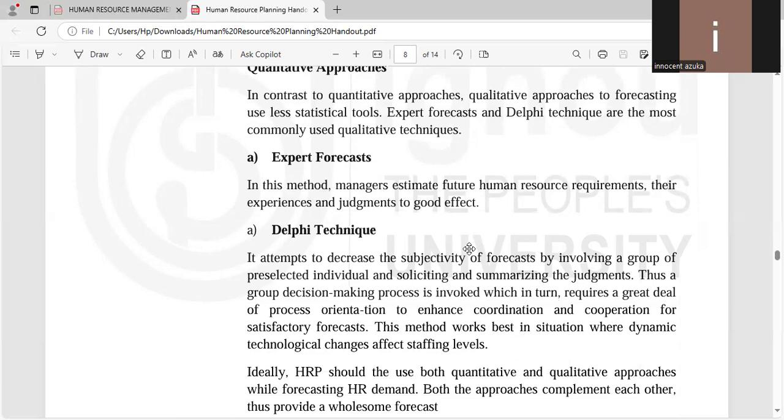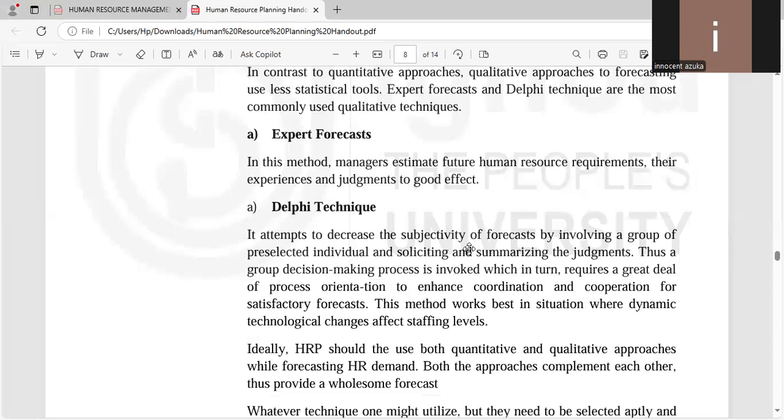And we have the Delphi technique, an attempt to decrease the subjectivity of forecast by involving a group of pre-selected individuals and soliciting and summarizing their judgment.